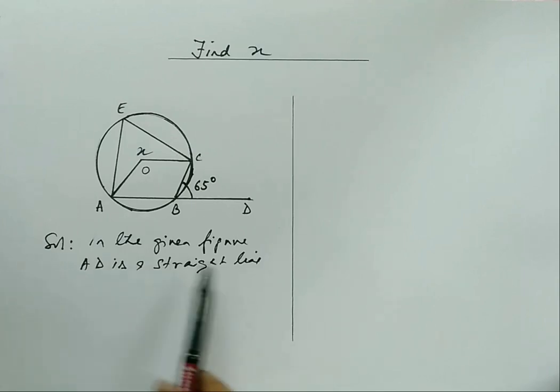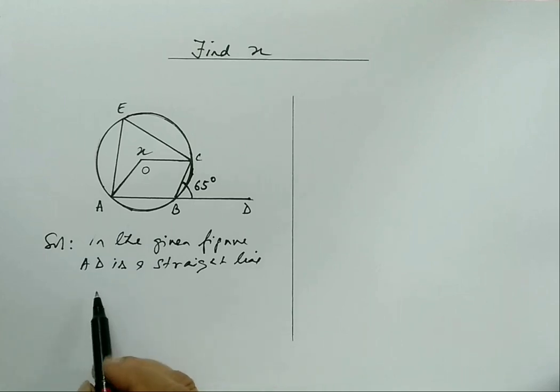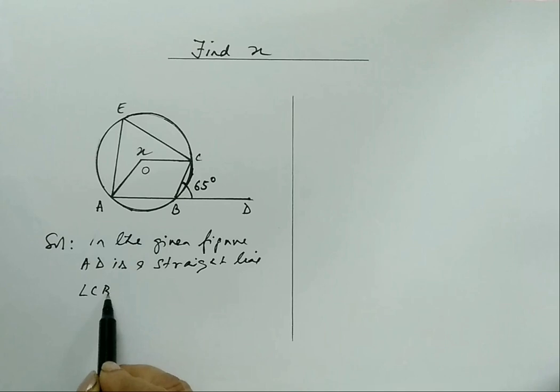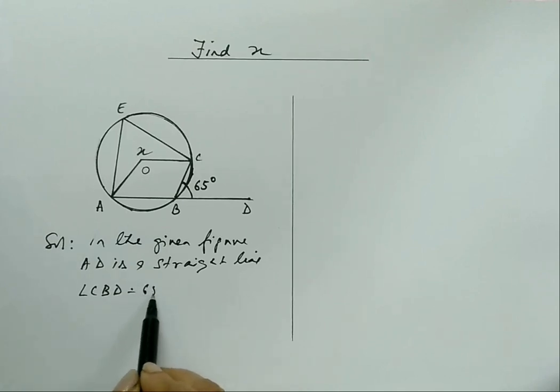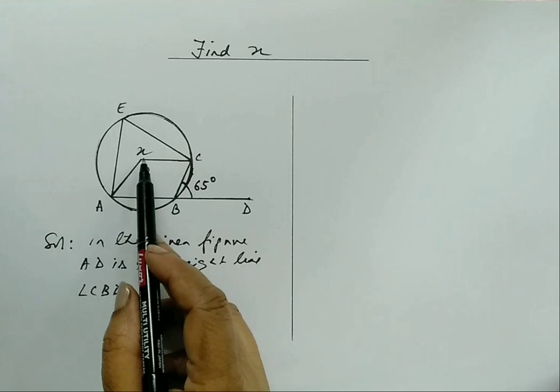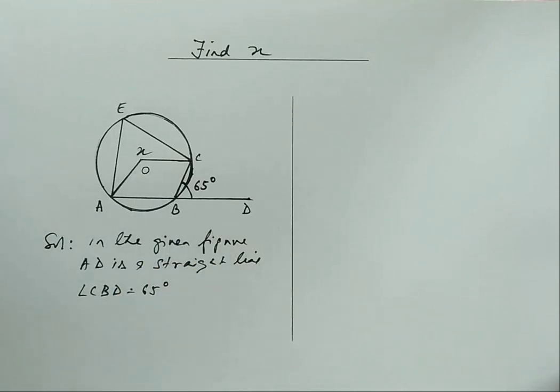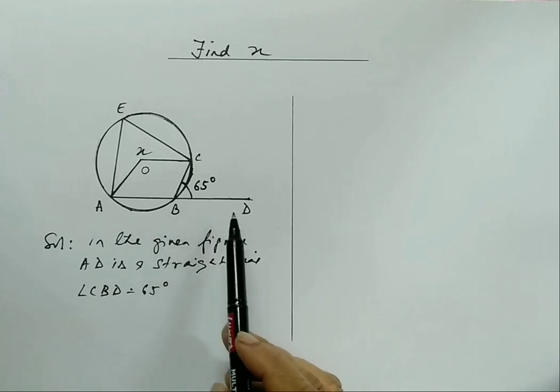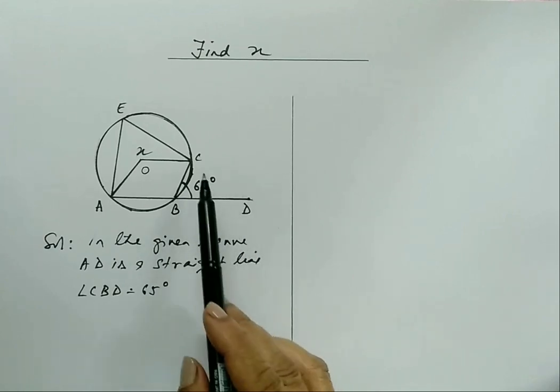So this we have been given. Also that angle CBD is equal to 65 degrees. Correct? What are we supposed to search? X.